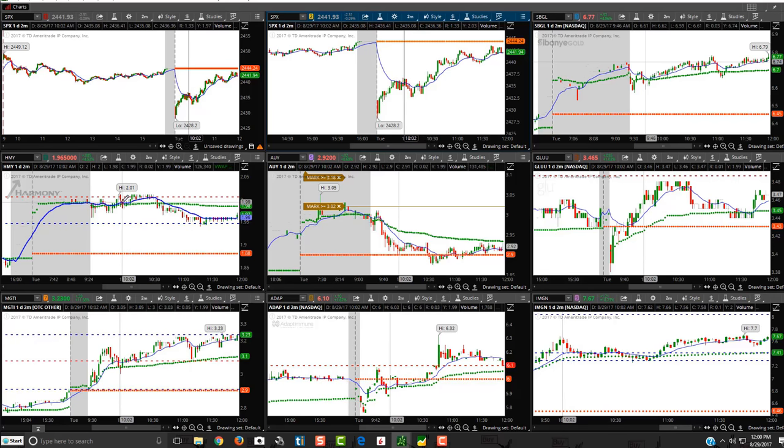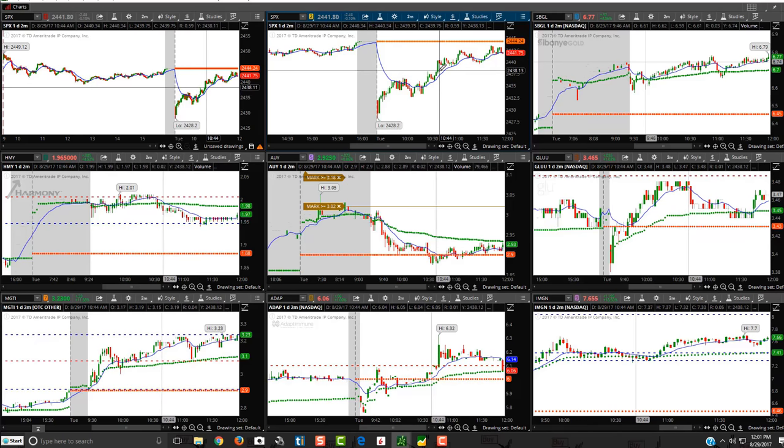So the price action will start to move. If you're really pinpointing this down to the minute, it just kind of goes indirectly inverse of each other.